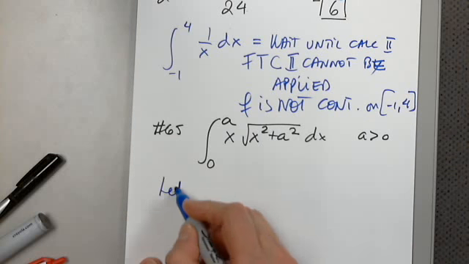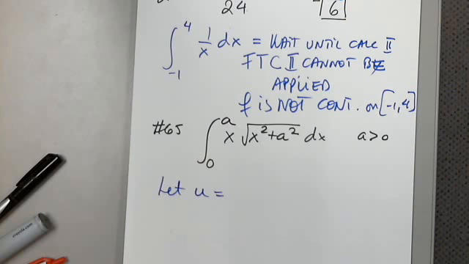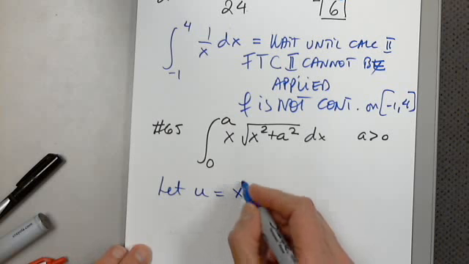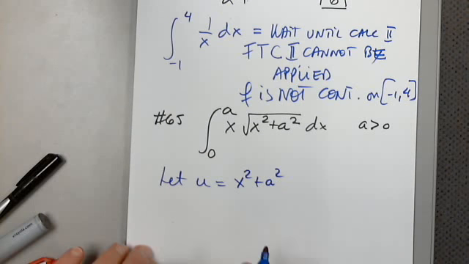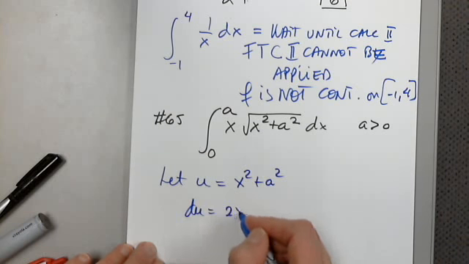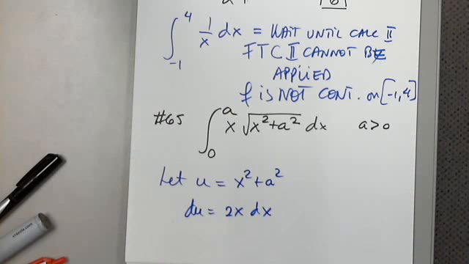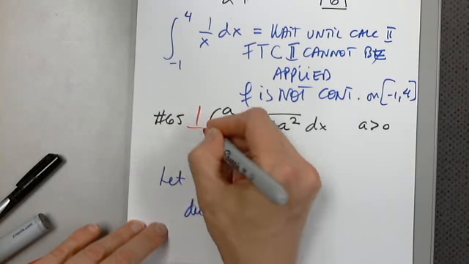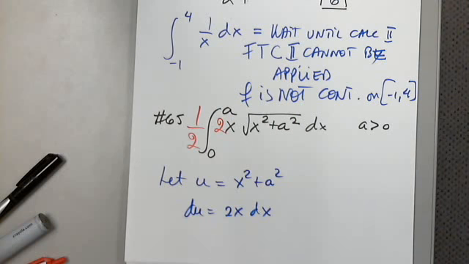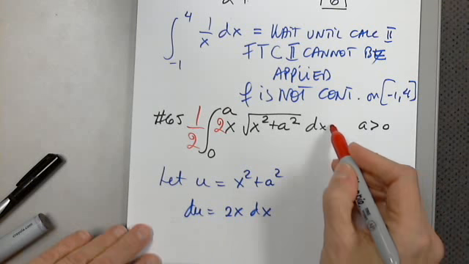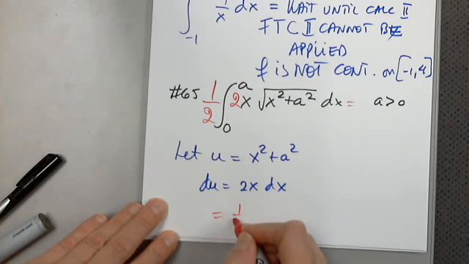So that's my thinking. I will say let u be x squared, and du yields 2x dx. I'm happy with that, because the only thing that is missing is a 2, so I can multiply by 2 and divide by 2 easily. That's never a problem. So therefore, the integral becomes 1/2.